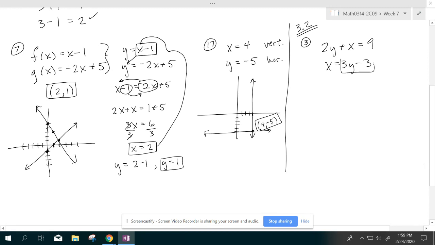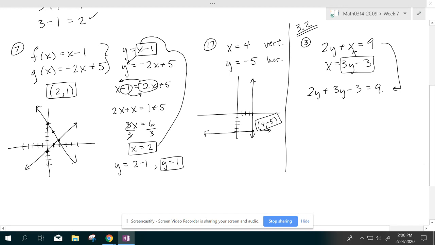Here I can see that x equals 3y minus 3. And so I can substitute in the first equation for x. So this equation is going to become 2y plus 3y minus 3 equals 9.